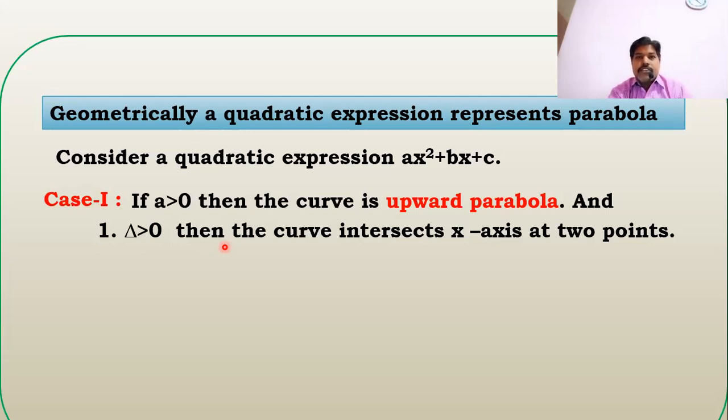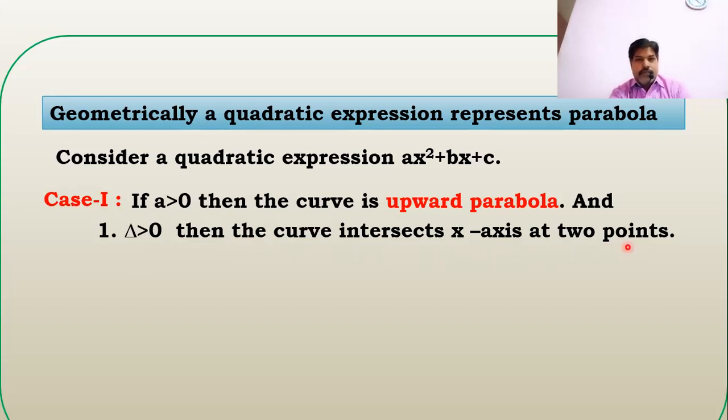That means two distinct roots will exist. Observe this: if delta is greater than 0, the curve intersects the x-axis at 2 points. 2 points means it will give you two roots. Are you understanding, students? So delta greater than 0, then the curve intersects the x-axis at 2 points.